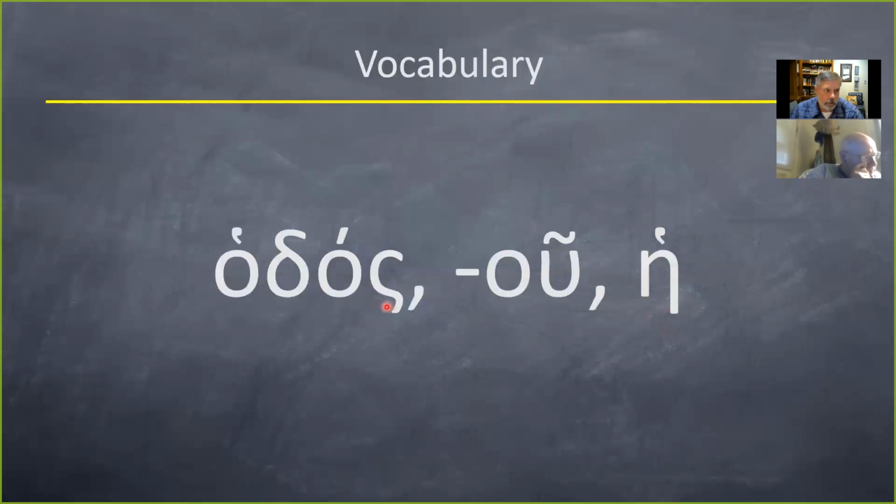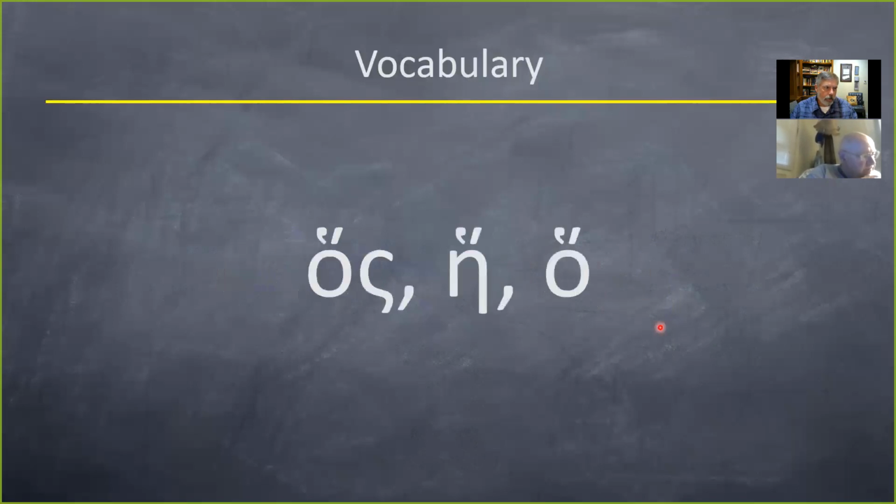You can't tell by looking at it, you just have to know that. So the point is most second declension words are masculine and neuter, but a few of them are actually feminine, and they'll be in the lexicon with an eta with a rough breathing. Okay? And it means way, road, or journey, or conduct. It's the way of a Christian walk or journey, the conduct of. Okay?